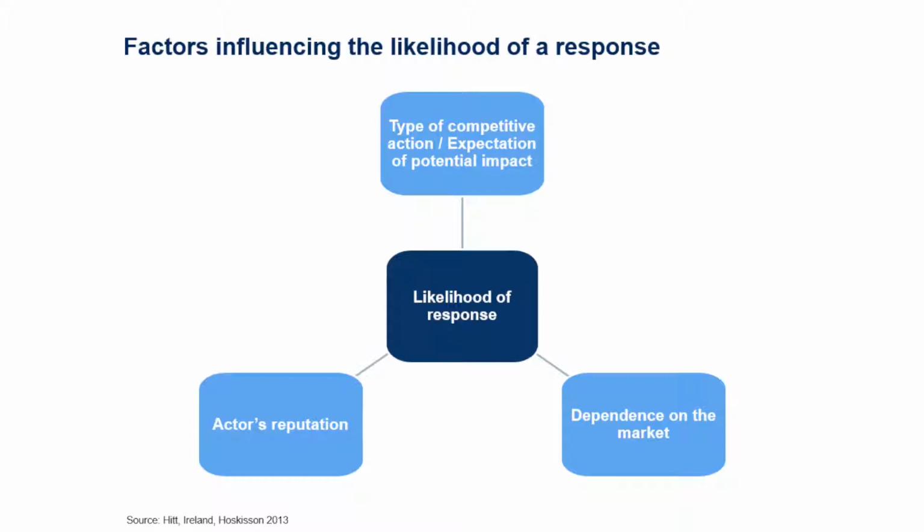A famous example here is Coca-Cola, that saw Pepsi in the 1920s changing their pricing to 5 cents, basically a nickel for the 12-ounce bottle, and didn't react because they didn't expect Pepsi to gain such a big advantage and gain back market share through this action. So they didn't take any action because the expectation was different.